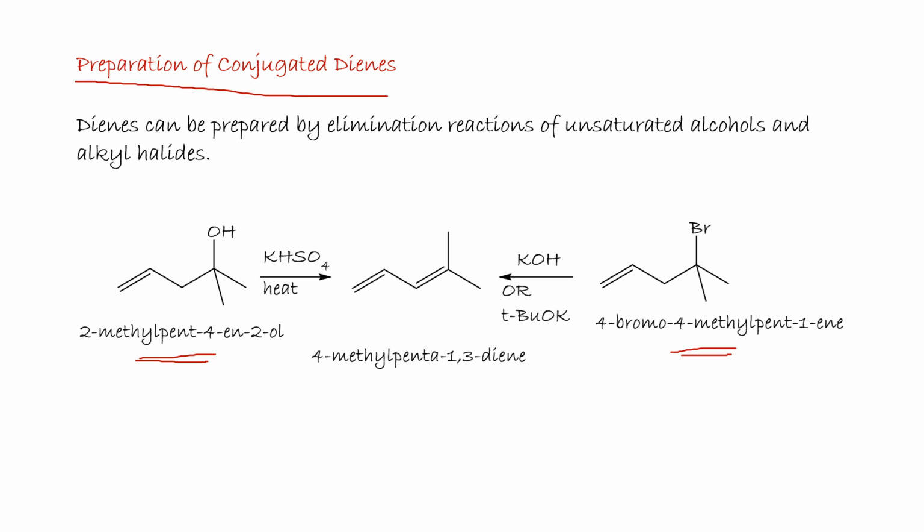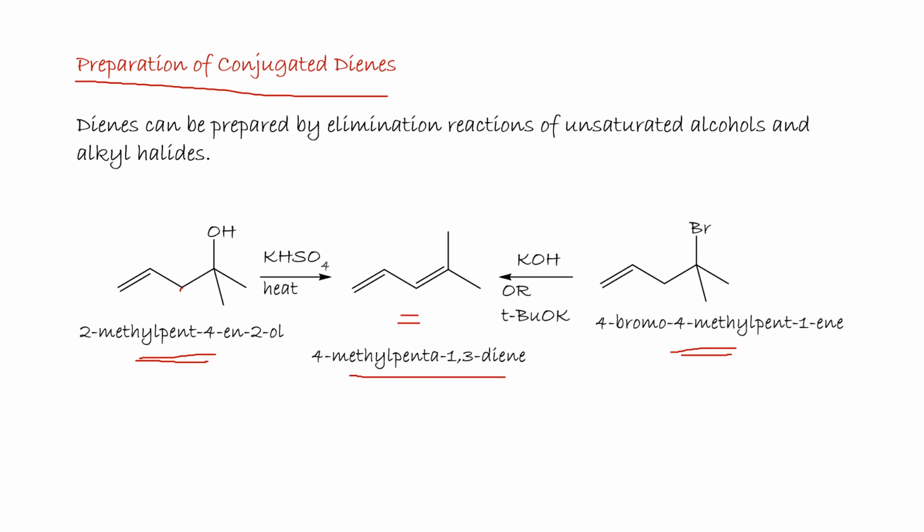So if we start with 2-methylpent-4-en-2-ol, dehydration in acidic medium, potassium hydrogen sulfate and heat, we eliminate water and obtain 4-methylpenta-1,3-diene.